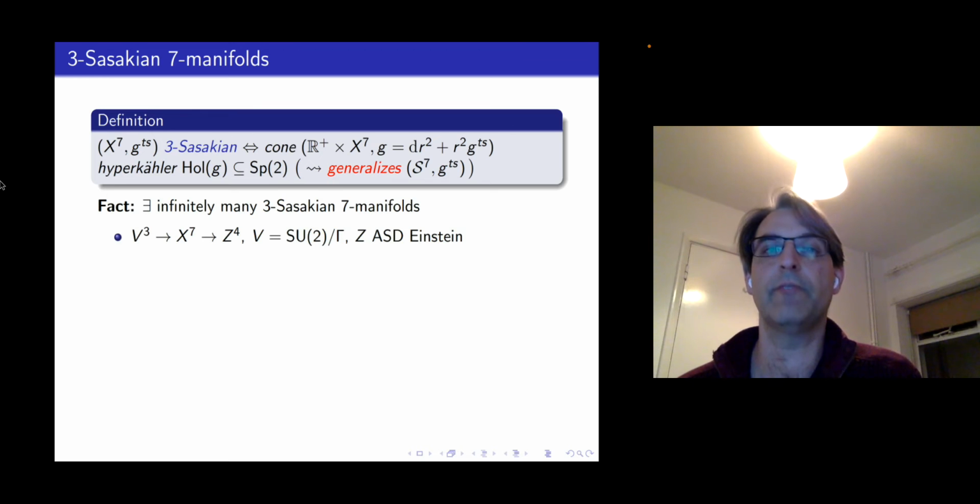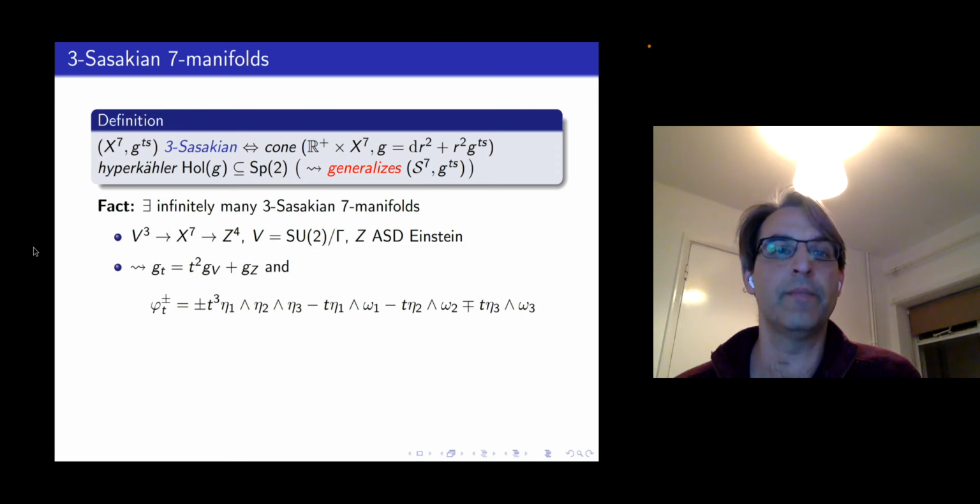And they all have the following form, that they are fibrations over some anti-self-dual Einstein 4 manifold by 3 manifolds which are finite quotients of SU2. And what that means is that we can play exactly the same game as we did on the previous slide.